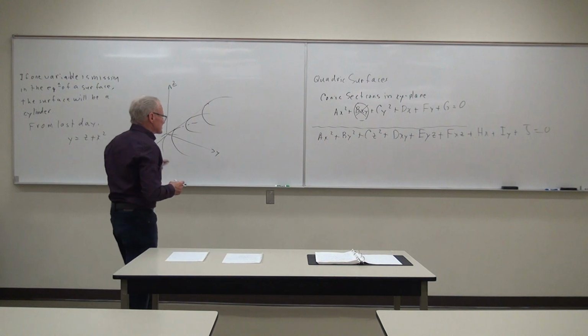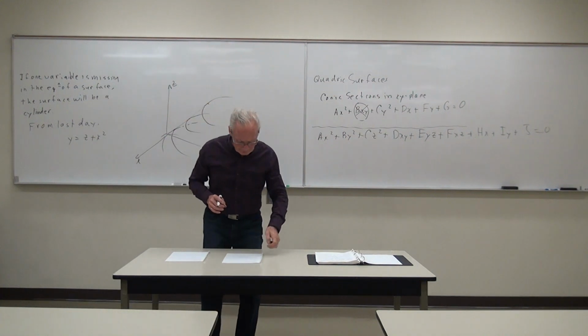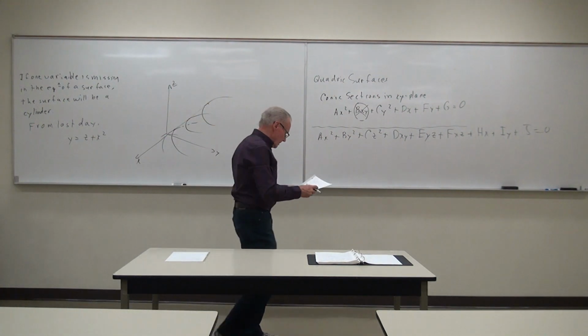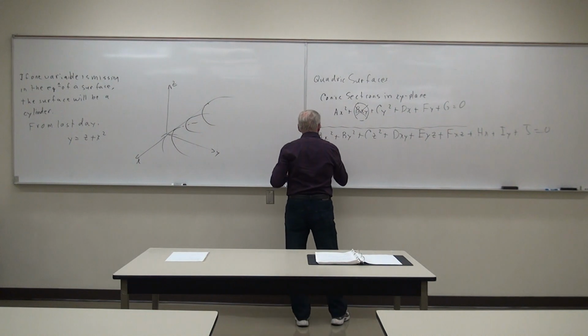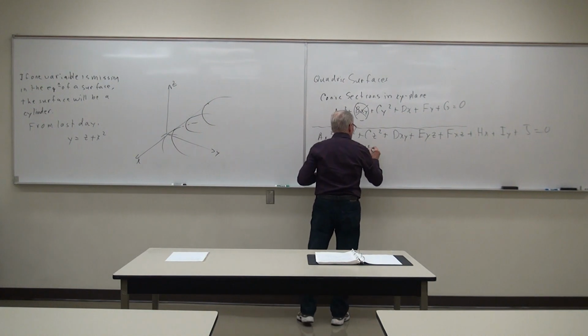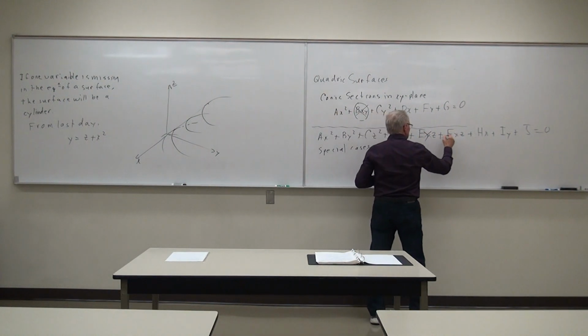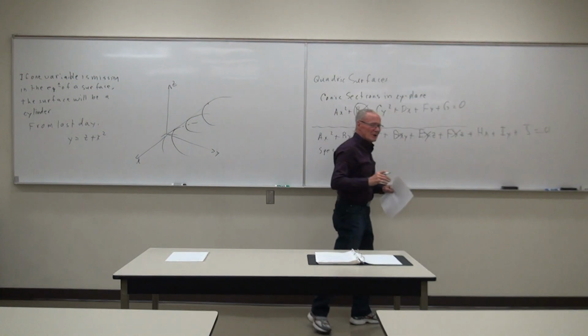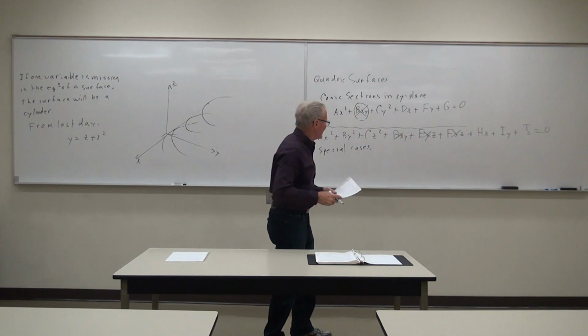We're only going to consider, primarily but not exclusively, only a couple of special cases. We're never going to have these cross terms, because they represent rotations that we just don't want to get involved in.